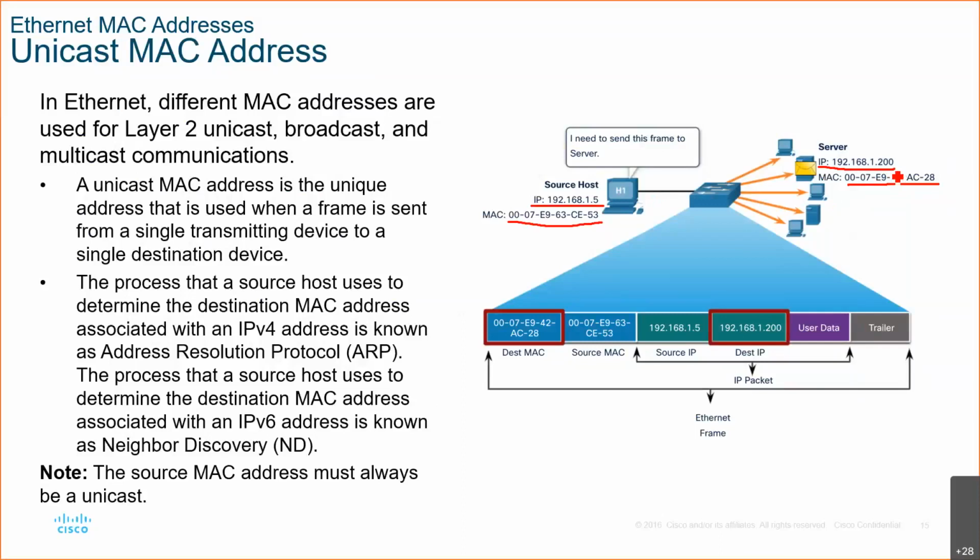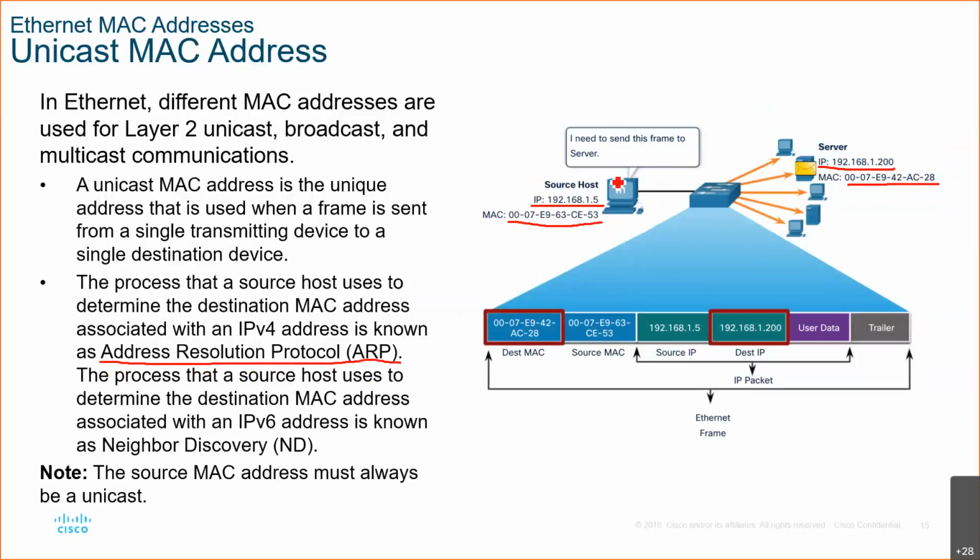There is another thing you should know. There is an association between your IP version 4 address and your MAC address. That association, that this IP address is associated with this MAC address, is known as Address Resolution Protocol. This is only for IP version 4.